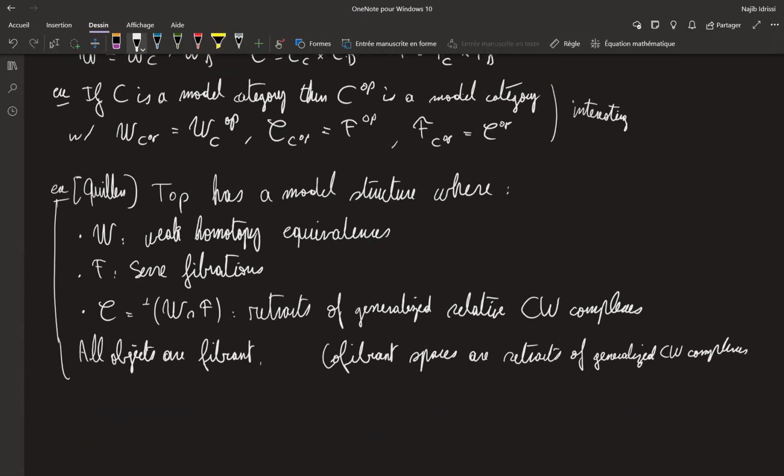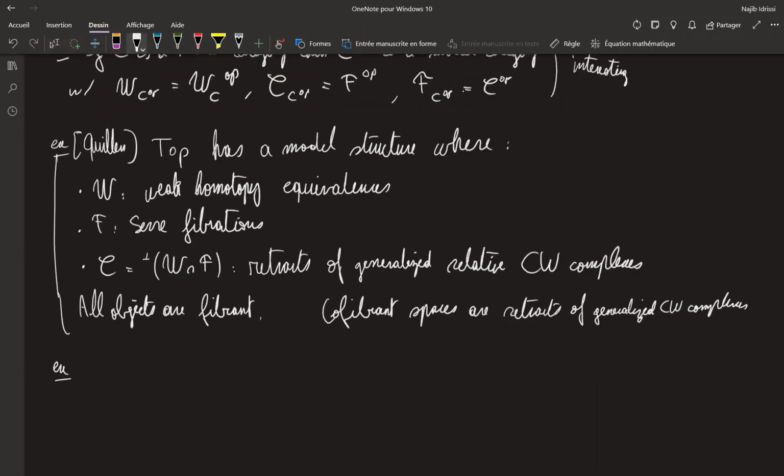So the first example, of Quillen, was the category of topological spaces where you have weak homotopy equivalences, Serre fibrations, and retracts of generalized CW complexes. So this was really the first example of model categories. So maybe I can add dates also. So this is '67. Some years later, you had Strøm. So this is an O with a slash in it, right?